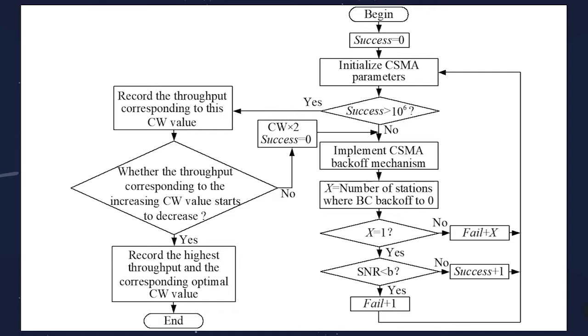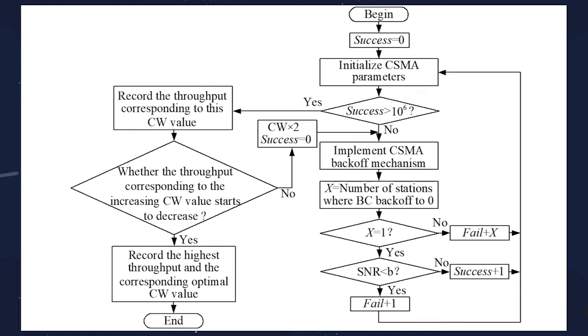We let a certain number of stations experience the backoff of CSMA, and we set the initial value of the minimal backoff window to 4, and each station performs the independent backoff process.